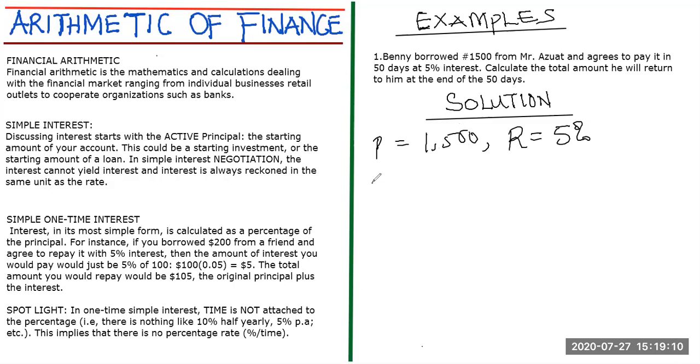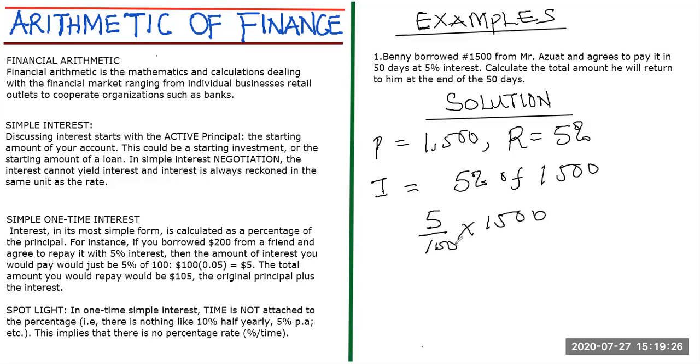Now say that your interest is equal to 5% of the principal, which is 1,500. And that is going to give us 5 over 100 multiplied by 1,500, and 20 eliminates 20. 5 times 15 will give us what? 75. So we have 75 naira.